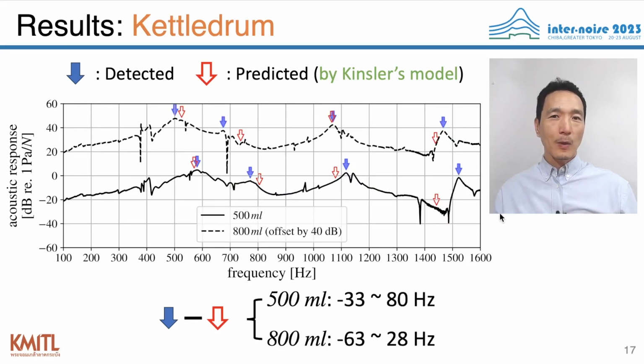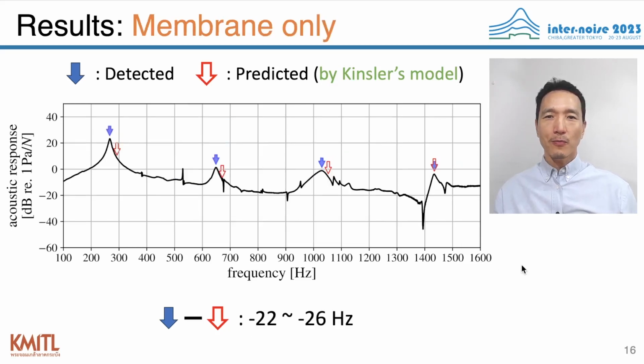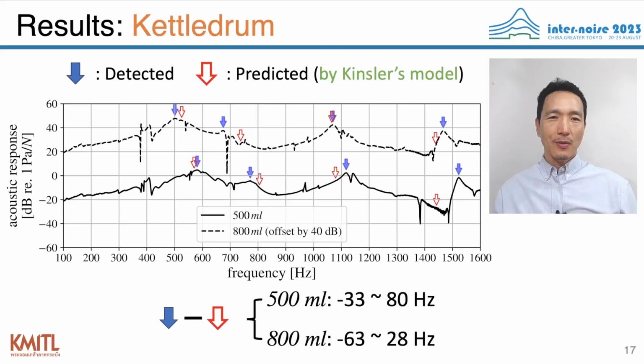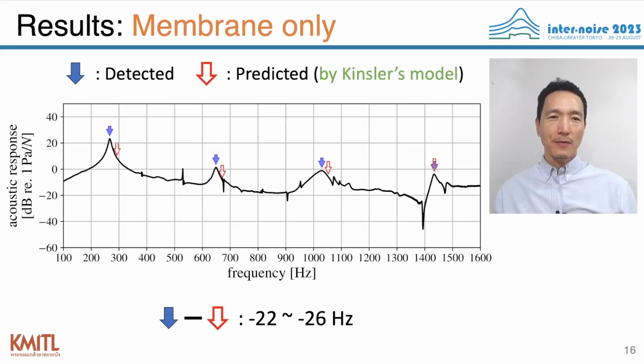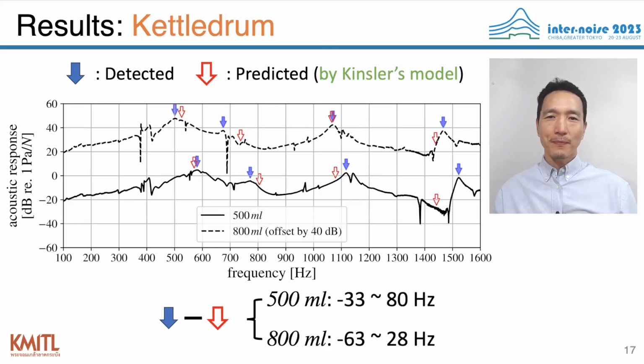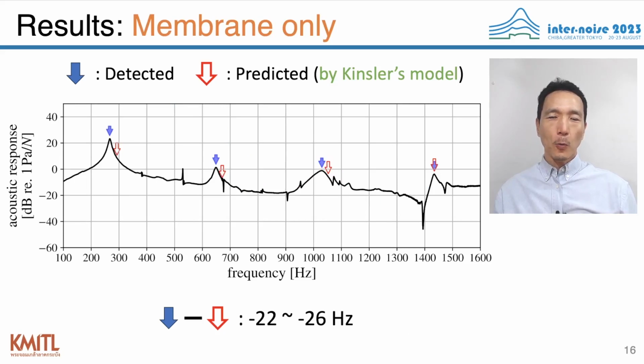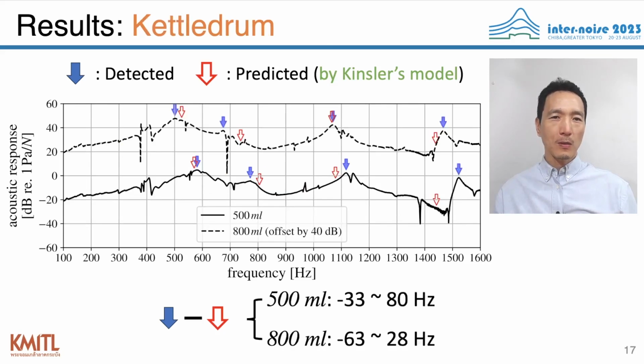On this slide, we have acoustic responses determined for the kettle drum case. The solid line is for the smaller cavity, and the dashed line is for the larger one of 800 milliliter. Compared to the membrane-only case, you can see that the resonance frequencies are now higher, and the extent of the upward shift is more prominent with the smaller volume compared to the larger one.